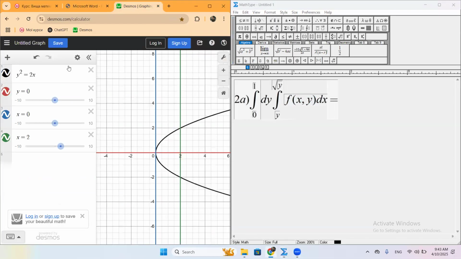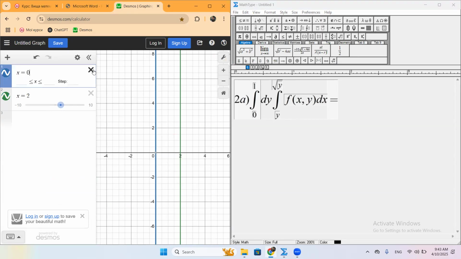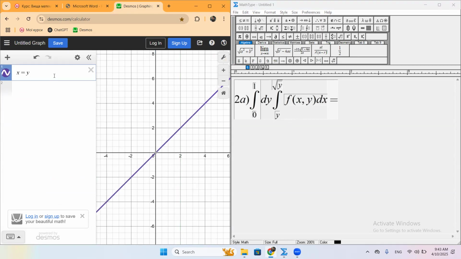Again, let's plot the region. First of all, let's plot the curves: x equals y and x equals the square root of y.